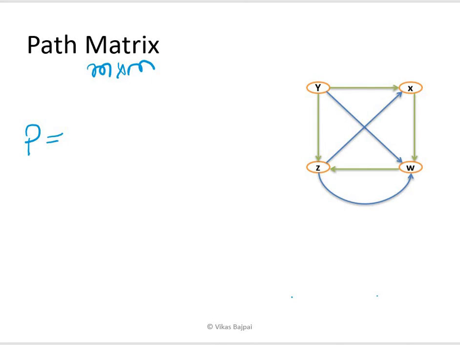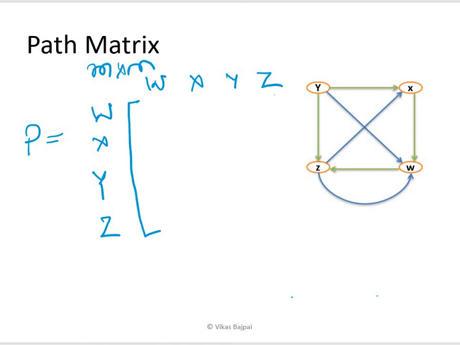So let's draw this path matrix. We have W, X, Y, Z on this side, and W, X, Y, Z on the other side. Now we'll fill in values for whether a path exists. Between W and W? No, there isn't any circle kind of thing, so here I have 0.